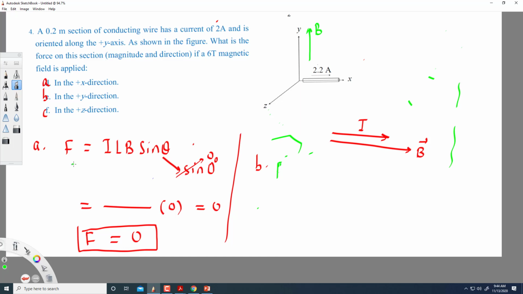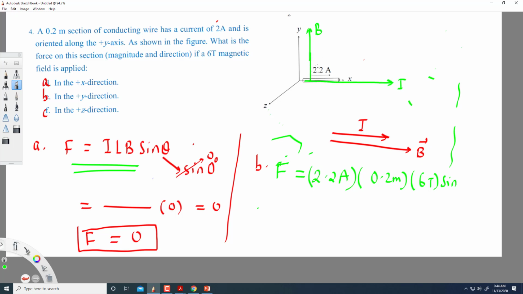So use this formula. F is equal to I, which is 2.2 amperes, L, the length of the wire, 0.2 meters, magnetic field 6 Tesla, sine of the angle between I and B, which is 90 degrees, sine 90 degrees.